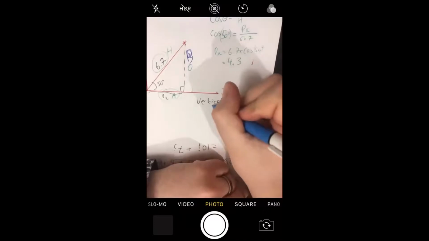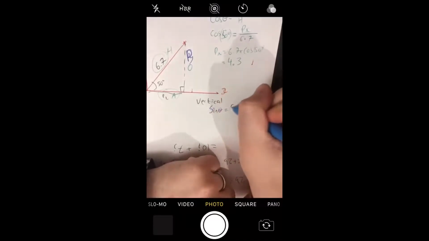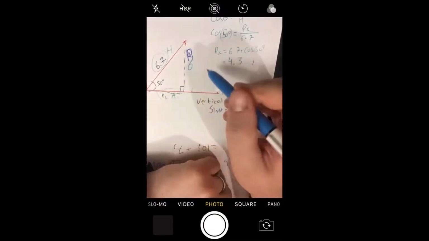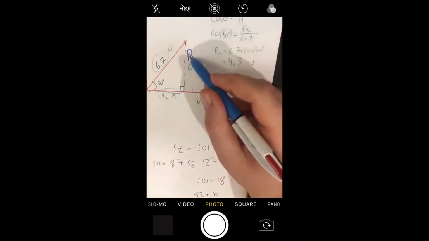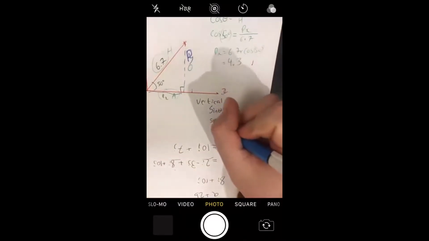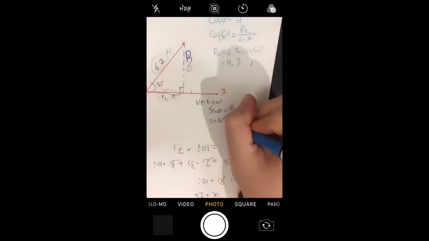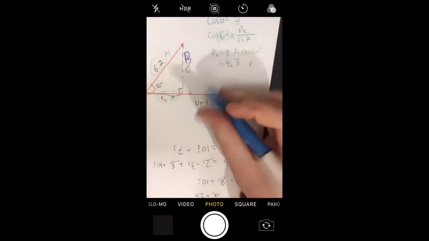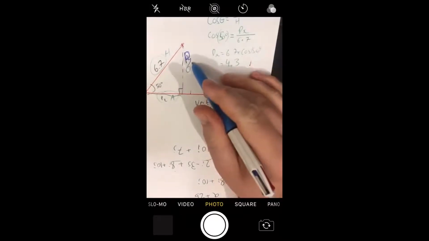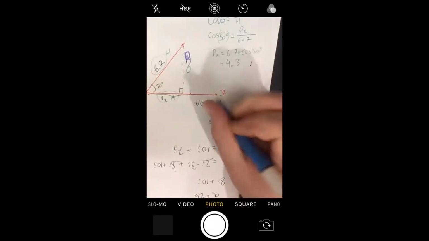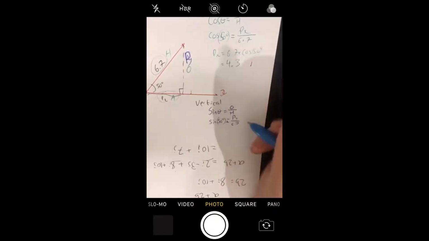We go sine theta equals opposite over hypotenuse. Now, the opposite side in this case happens to be P of y. The angle is 50 degrees, so sine 50 equals P of y over the hypotenuse, which is 6.7.